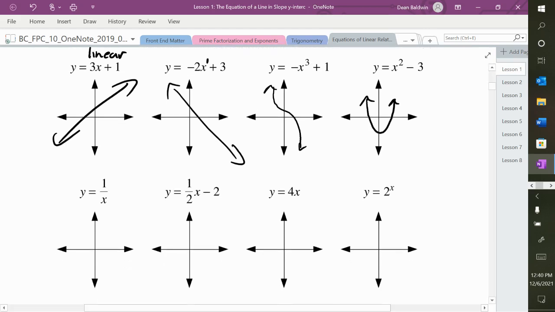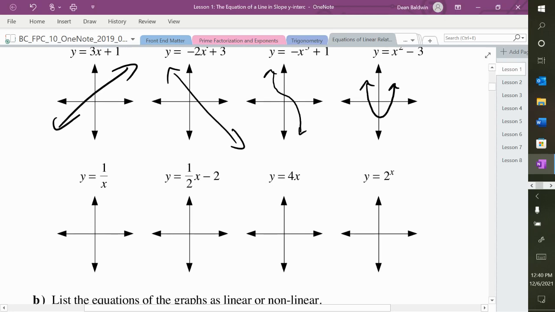All right. What about this one? 1 over x. Linear or non-linear? There's no exponent for 1. Is that the same thing? It is the same thing. So is it linear or non-linear? It's non-linear. And it looks like this.